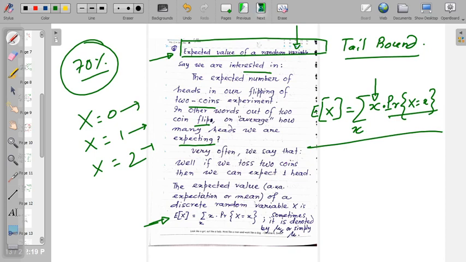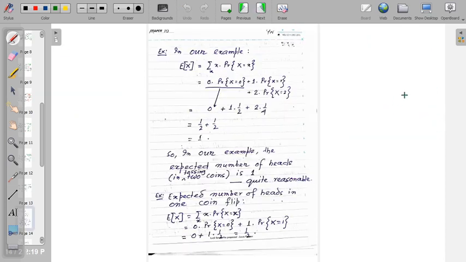Now, with this definition, let us find the expected number of heads when we flip two coins simultaneously. Number of heads is defined by this random variable.